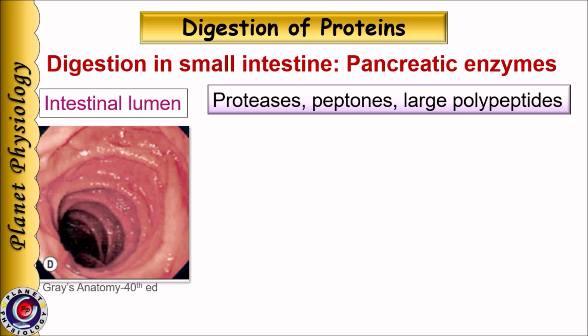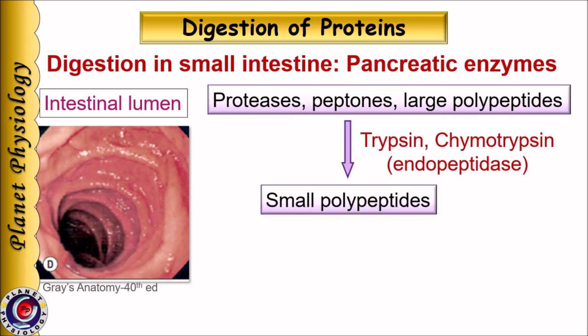Protein digestion further continues in small intestine under the influence of pancreatic enzymes. Chyme contains partially digested proteins in the form of proteoses, peptones and large polypeptide chains. Endopeptidases like trypsin and chymotrypsin convert these partially digested proteins to smaller polypeptides.